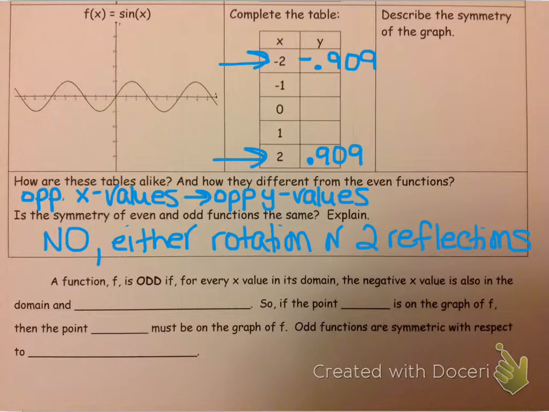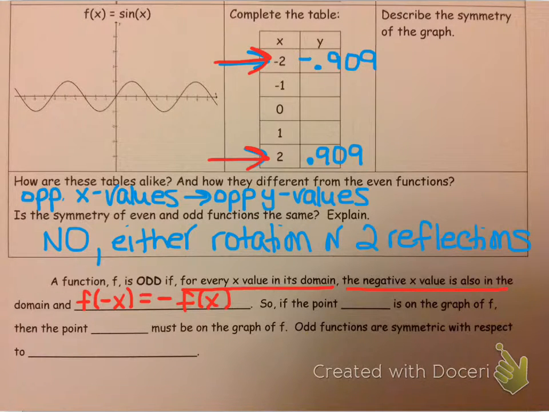But the algebraic definition says, once again, that for every x that's in the domain, so if 2 is in the domain, then the negative x also has to be in the domain. So negative 2 also has to be in the domain. And when you plug negative x into the equation, the answer that you get is the opposite of the original f of x value.